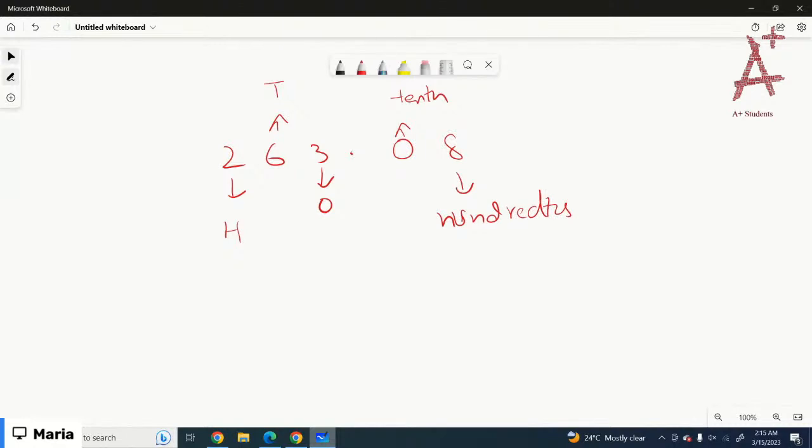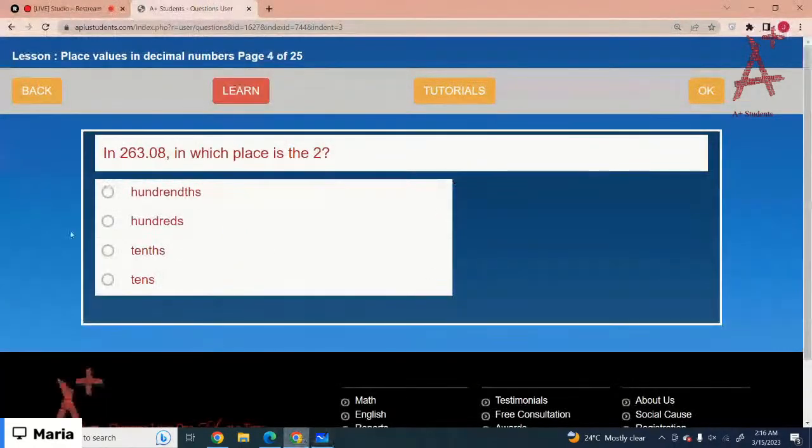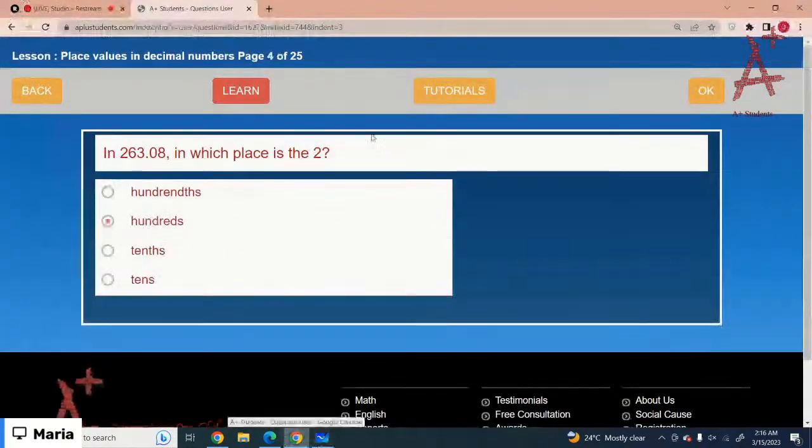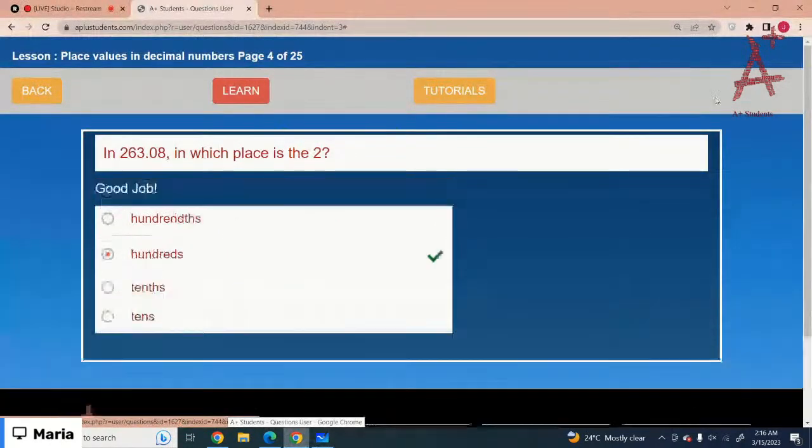Got it? So the correct option is hundreds. 2 is at the hundreds position. Be careful while selecting the correct option.